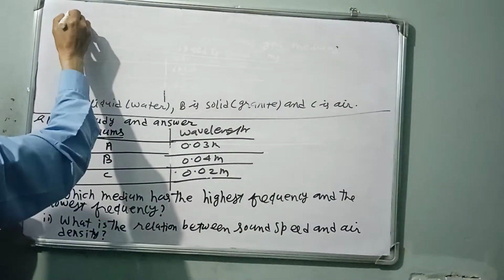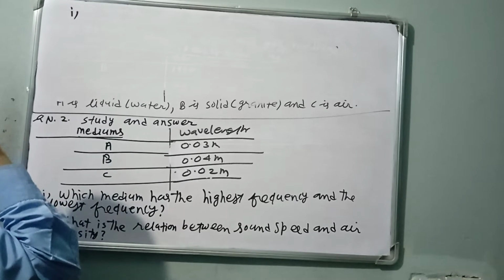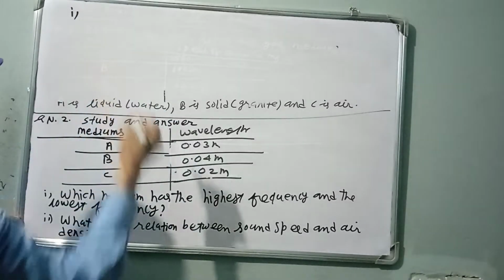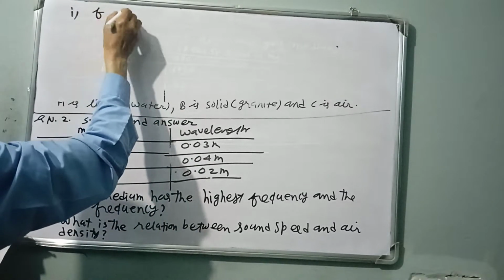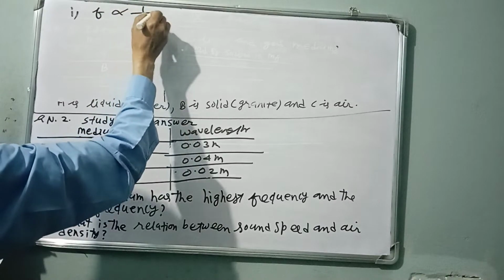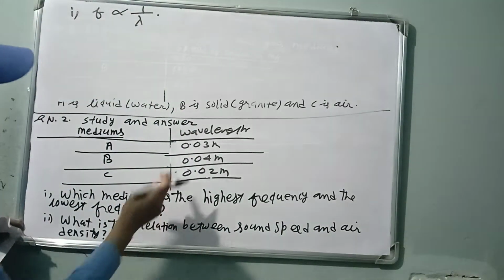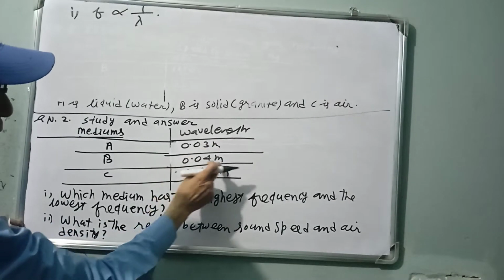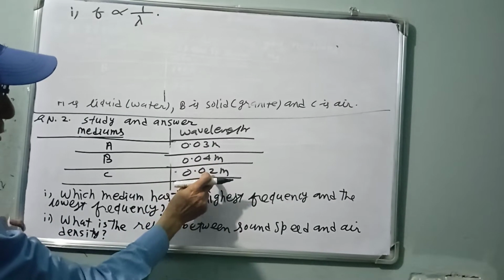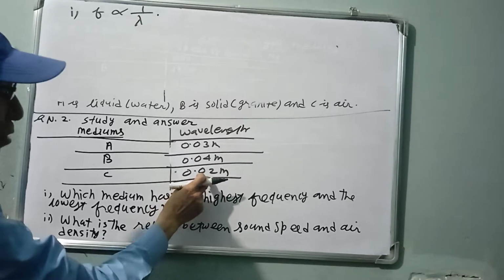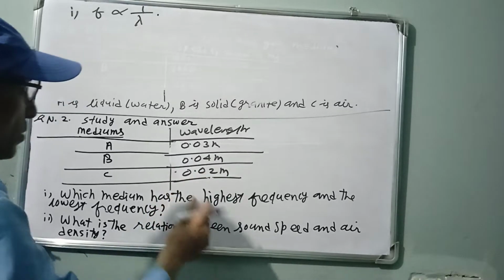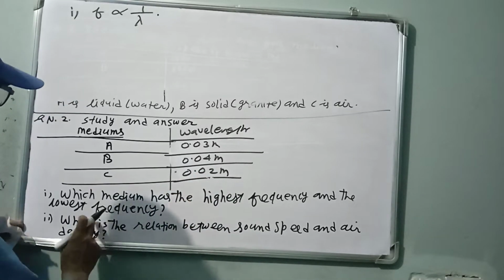According to question number 1, frequency is inversely proportional to wavelength. So which medium has the highest frequency? 0.03, 0.04, 0.02. This is the shortest wavelength, so the highest frequency.